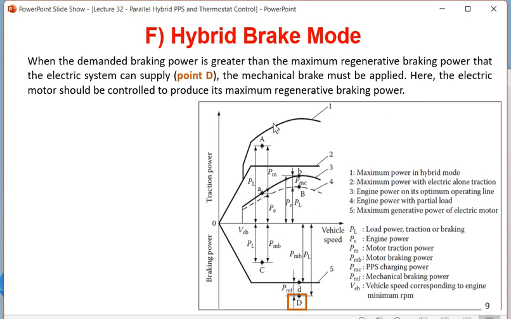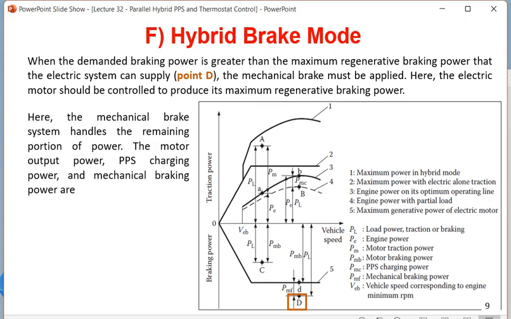That's why it is called the hybrid brake mode. Here the electric motor should be controlled to produce its maximum regenerative braking power, and the mechanical brake system handles the remaining portion of the power. That means after PMB, PMF sees how much more has to be generated to satisfy this D. So PMB plus PMF is equal to point D.